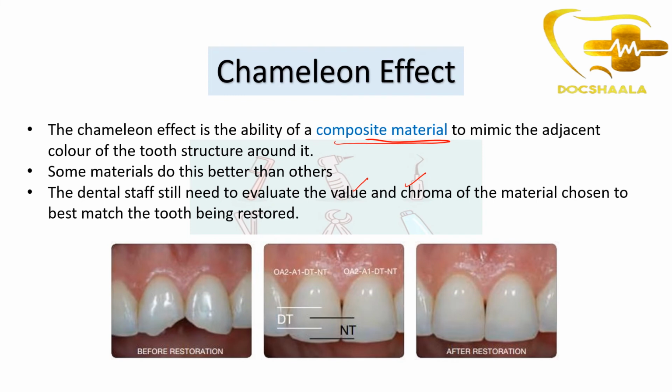Here you can see before the restoration it is like this, and after the restoration it is like this. So it is mimicking the tooth material, right? Even if we put a composite restoration here, it mimics the tooth. This is known as the chameleon effect.